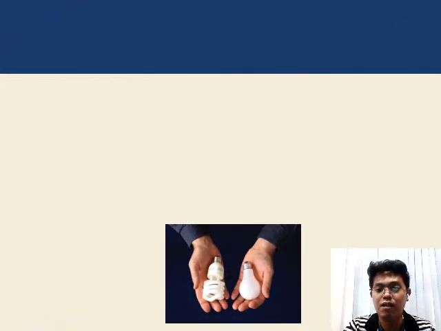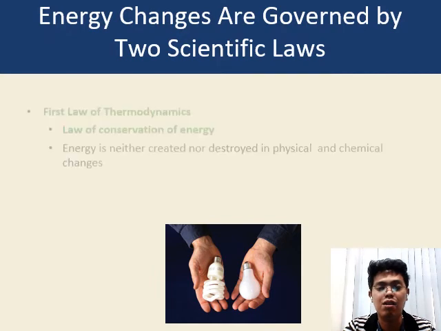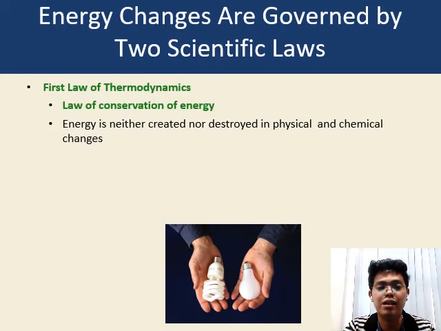If matter is governed by the law of conservation of matter, then energy is governed by two scientific laws. First is the first law of thermodynamics, which is the law of conservation of energy. It states that energy is neither created nor destroyed in a physical or chemical change.